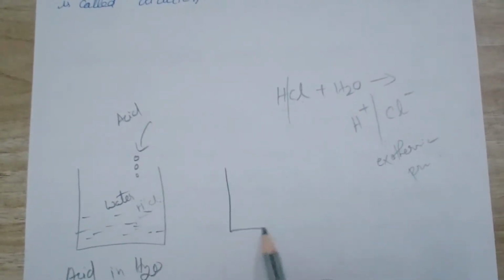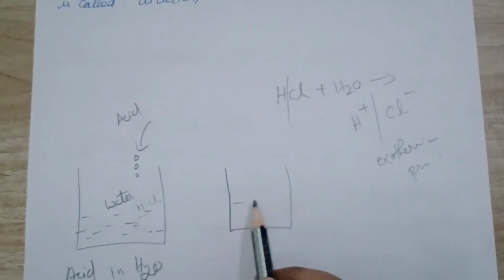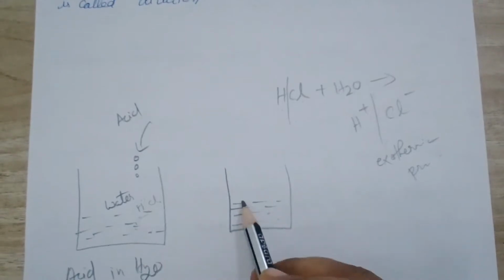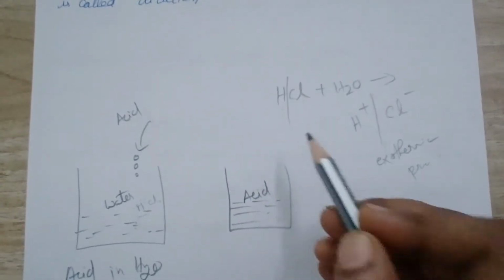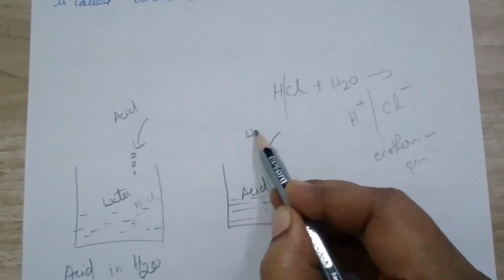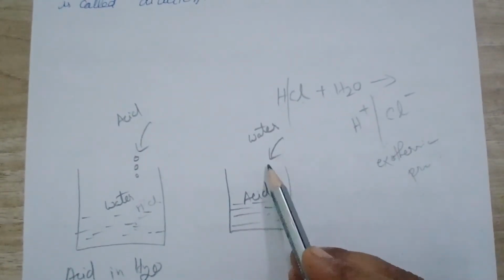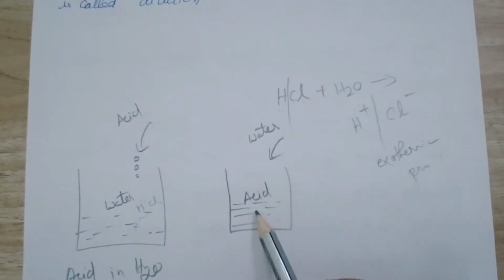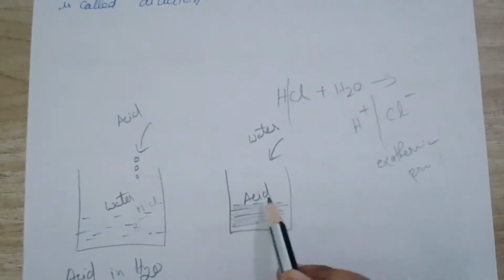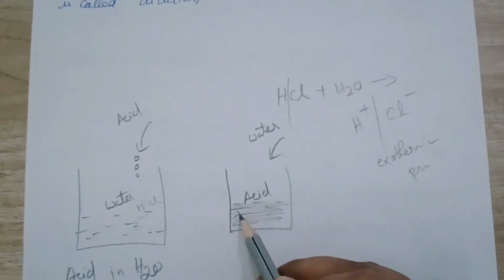If this is your acid, and you pour water here, even a little bit of water reacts with highly concentrated, dense hydrochloric acid, or any acid. Here the water will react with a large number of HCl molecules.